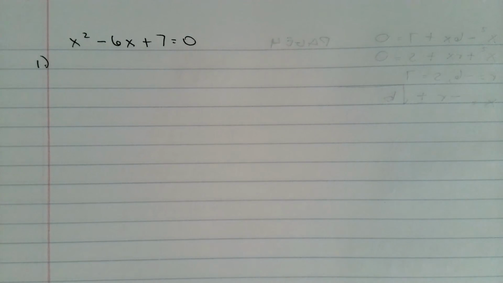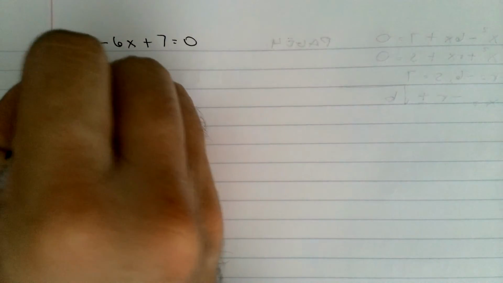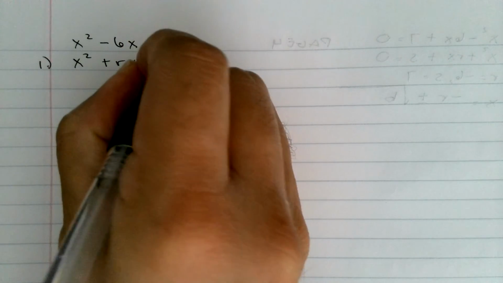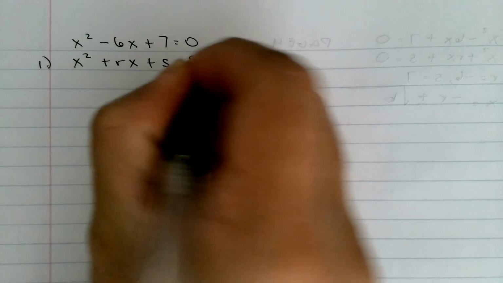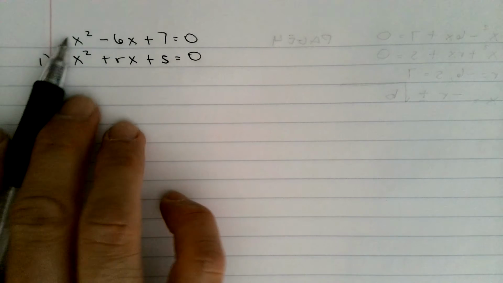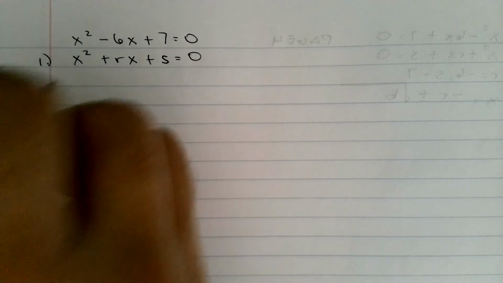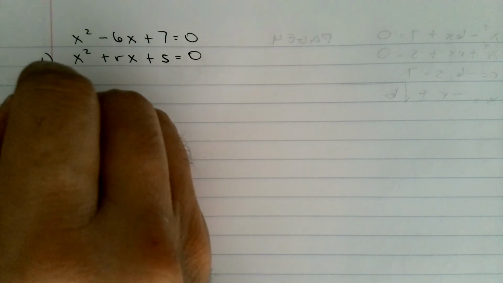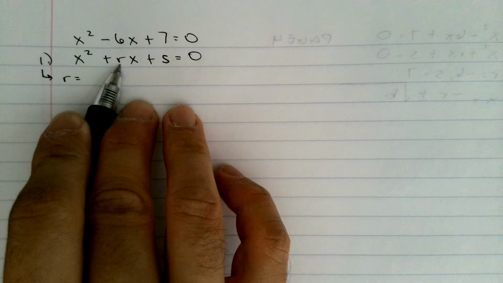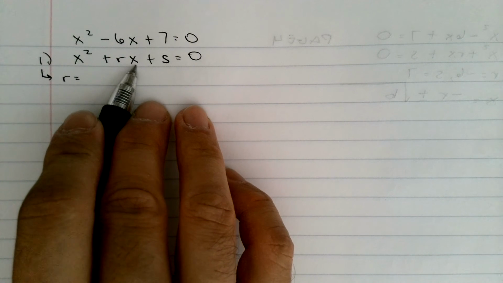From the general equation x squared plus rx plus s equals 0, identify the r and s values from the given equation. This is the given equation here. In terms of identifying r, it's strictly the coefficient, or the number that's in front of the x term.